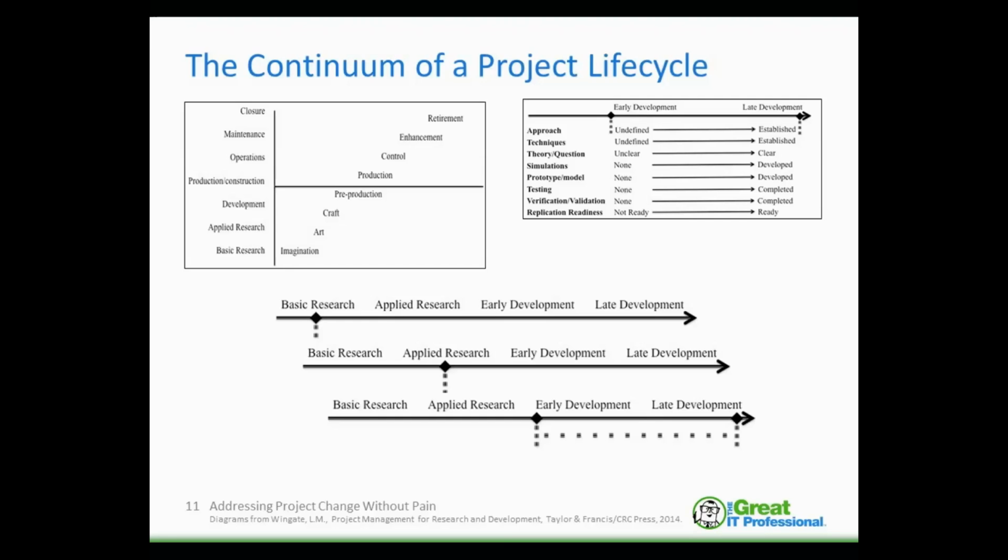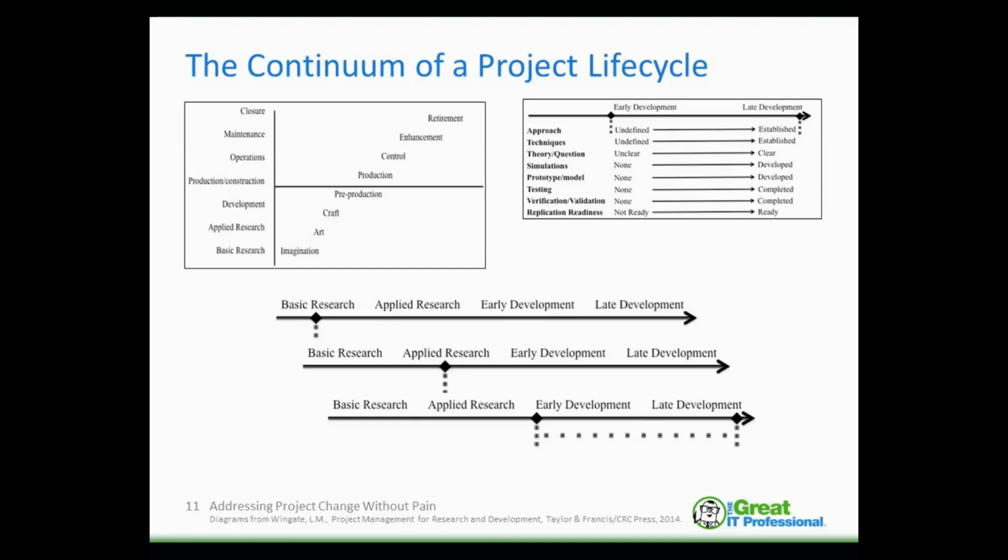So I want to just reiterate, we're not looking at eliminating change, we're looking at embracing change in this. That byproduct of evolution is really apparent as you are working through from basic research all the way into production. Also I want you to keep in mind that a single project can have elements that fall into multiple categories.